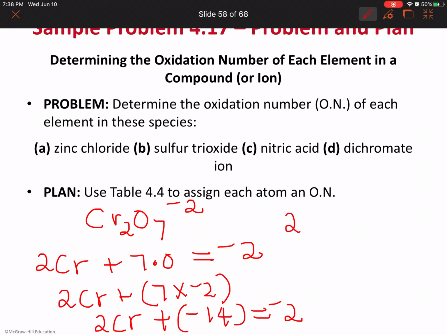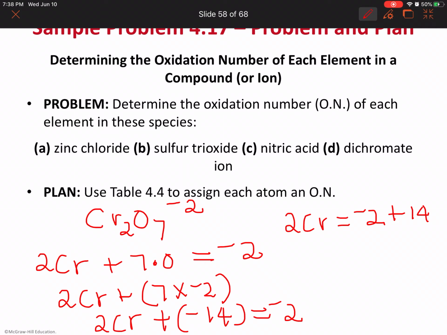Now 2 chromium equals -2 plus 14. If you want to get rid of the -14 from the left side, you add +14 to both sides, and it will be cancelled. So this is simple algebra.